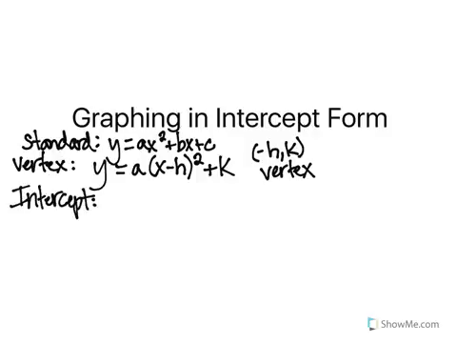Okay, intercept form is as follows. Y equals A, x minus p, x minus q. There's no squared. And the two parentheses are in the format that we've seen before when we factor.